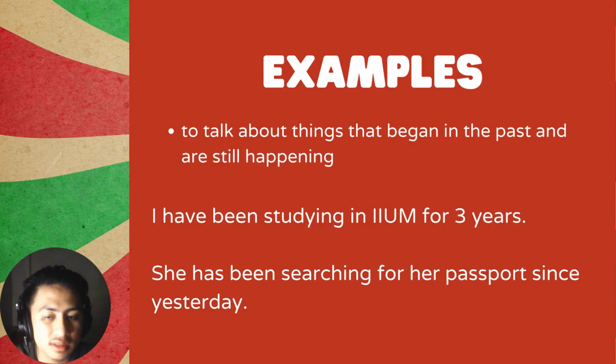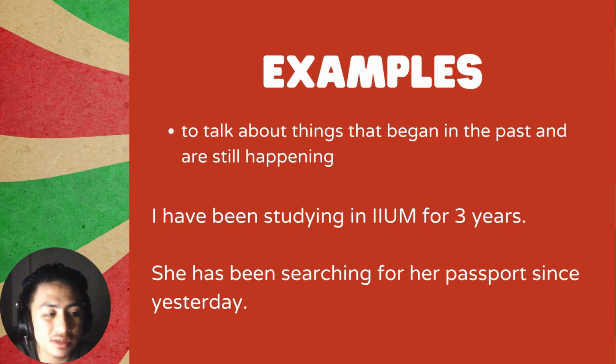The next example is to talk about things that began in the past and are still happening. So, first example, when someone asks you, how many years have you been studying in IIUM? And you reply with, I have been studying in IIUM for 3 years.